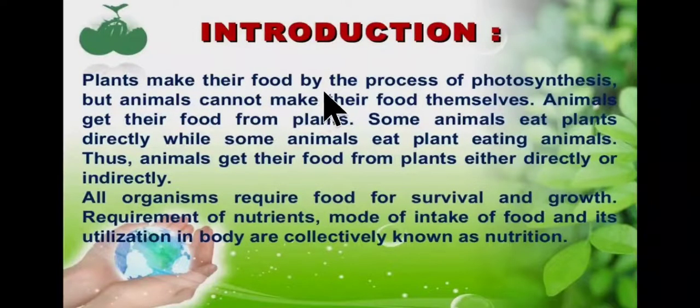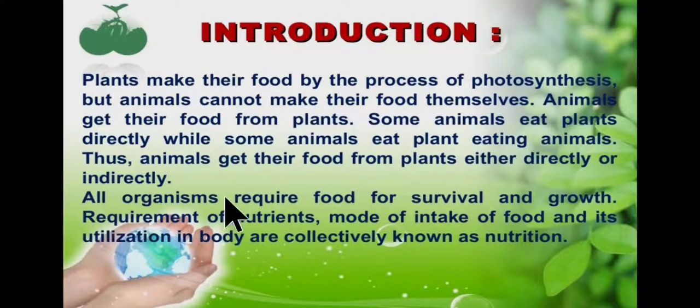Now plants make their food by the process of photosynthesis, but animals cannot make their food themselves. Animals get their food from plants. Some animals eat plants directly, while some animals eat plant-eating animals.